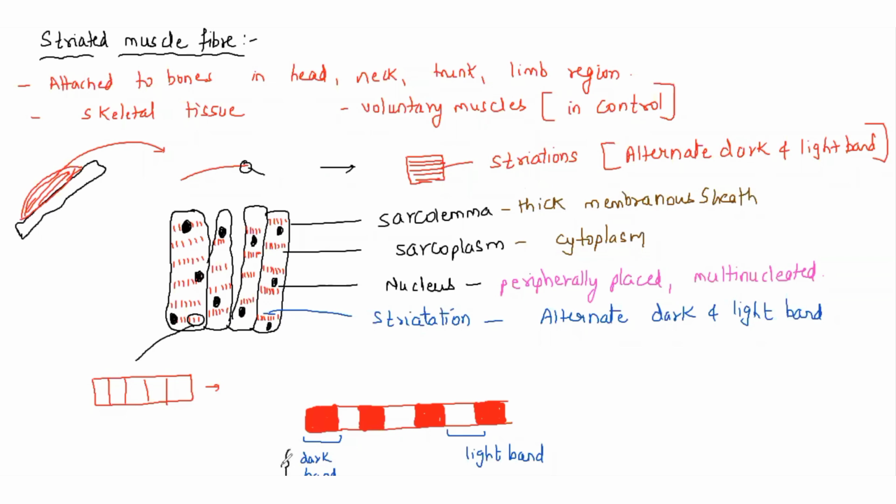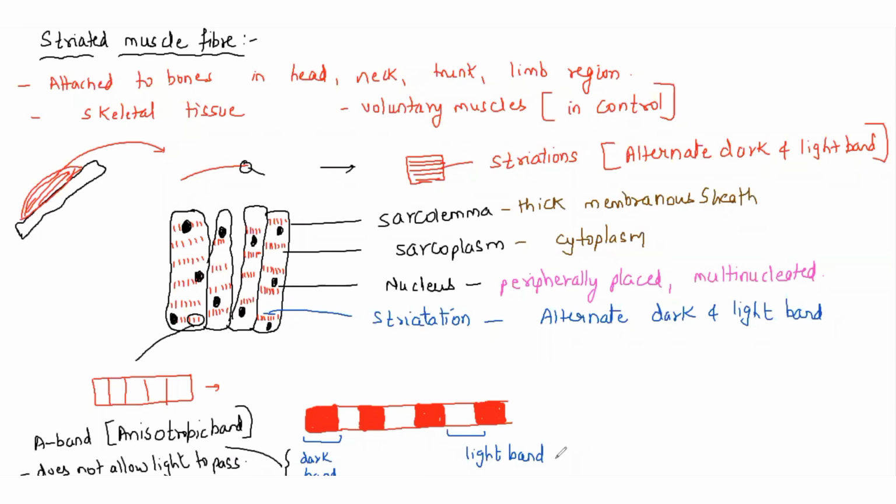The dark band has another name also. It is also called the A band. A band, the full form is anisotropic band. And this anisotropic band is dark because it does not allow light to pass. So when I focus light on it, the light will not travel through this dark band.